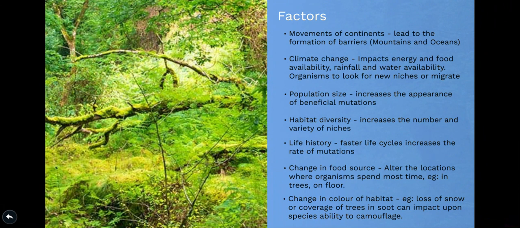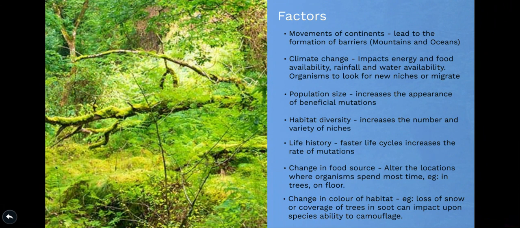Population size is key. Larger populations tend to see the appearance of more mutations, so mutations in the genes. Sometimes these mutations can be beneficial, and if they're beneficial, then it's possible that speciation could occur more frequently. Habitat diversity is important.